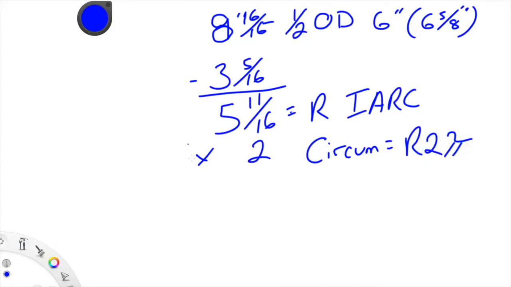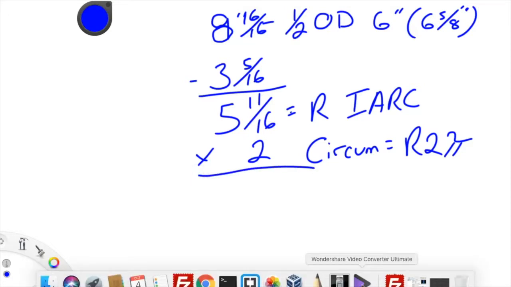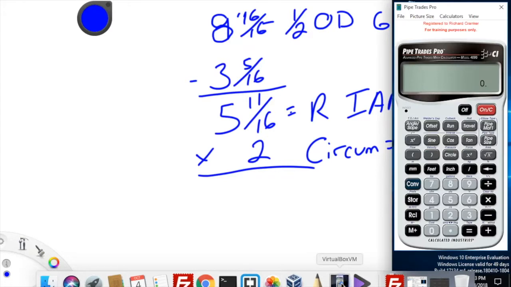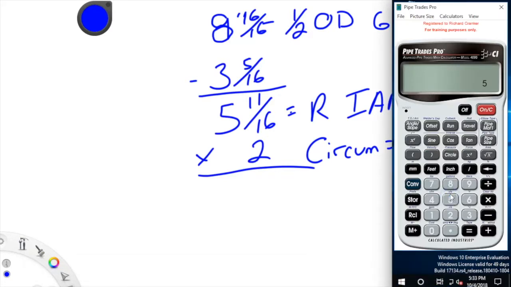Instead of doing that longhand, I'm just going to go to the calculator. We got 5 and 11/16, times 2 is 11 3/8.